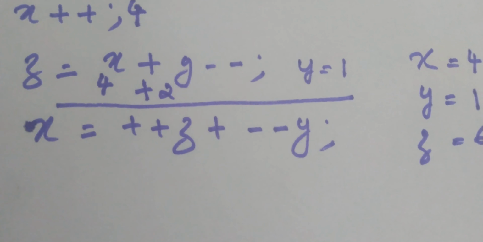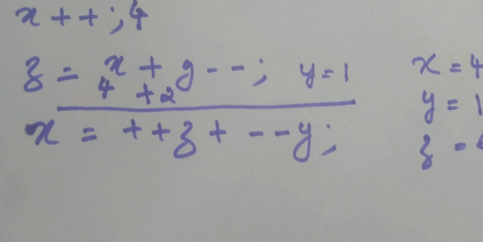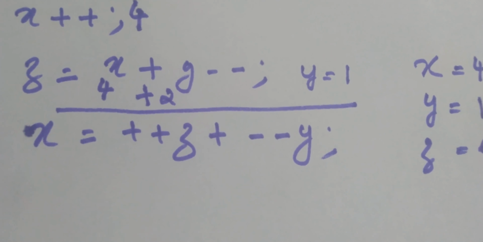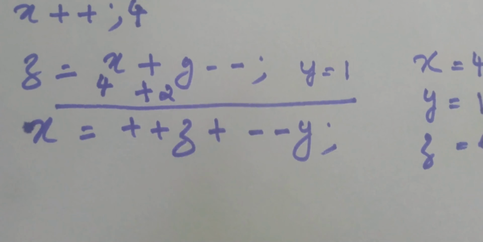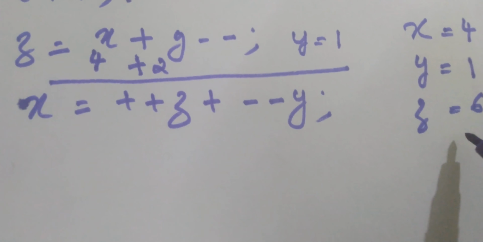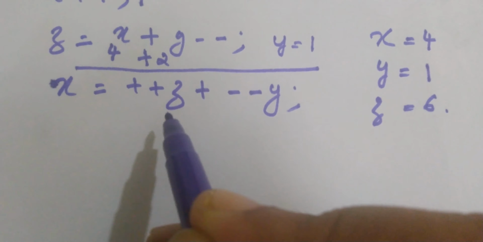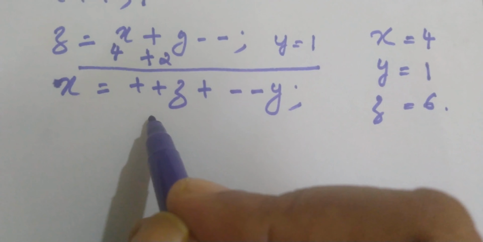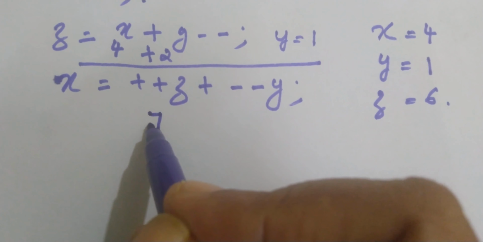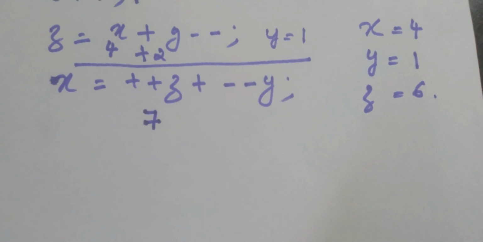The variables get incremented or decremented first, and only after that the new value is given to the expression. So the value of z was 6, 6 gets incremented to 7, and the new value will be substituted into the expression.